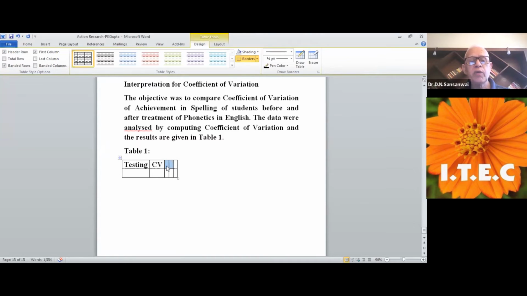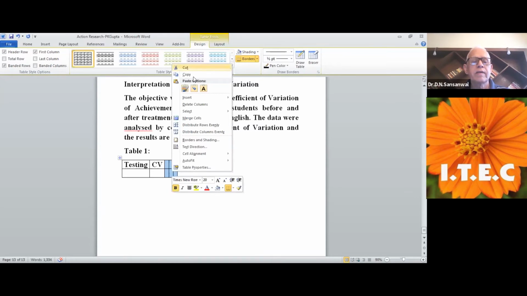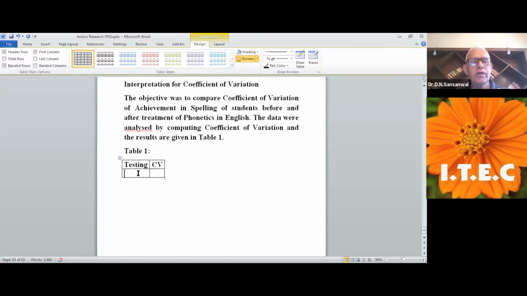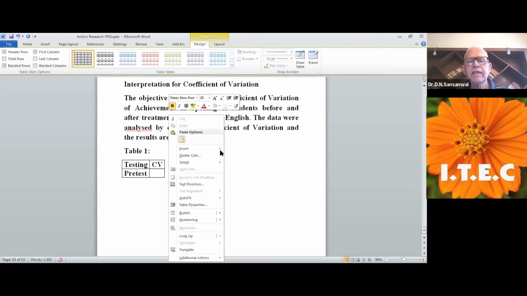I only require these 2 columns. So now here I have the pre-test.